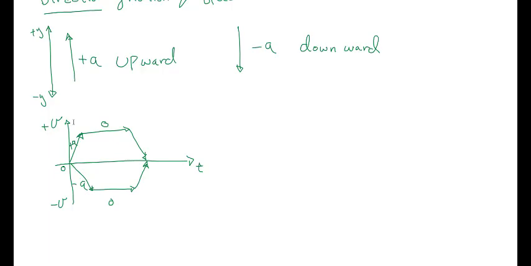Now, if the velocity is in the positive direction but it's getting less positive, going down to zero, then we have negative acceleration. And this is positive acceleration because it's going up to the positive side while the velocity is decreasing.